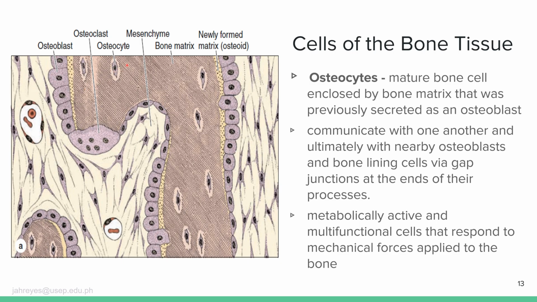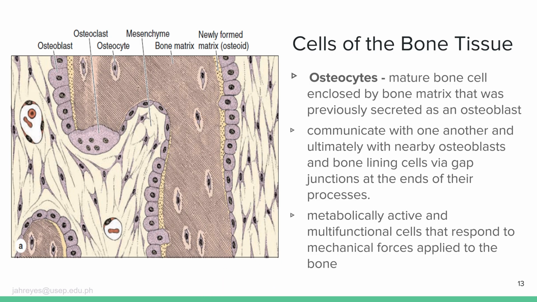And the osteocyte will develop several shaped processes outside, like this, as you can notice in the illustration. This osteocyte will occupy this space here that is referred to as the lacuna. So the lacuna, or the space in the bone matrix, will conform to the shape of the osteocyte.